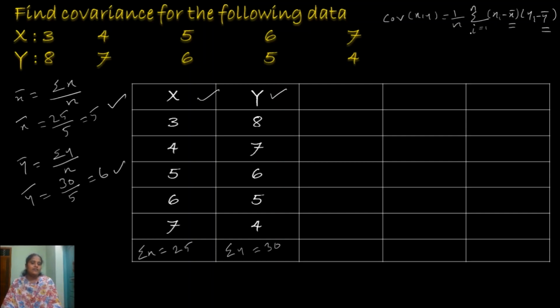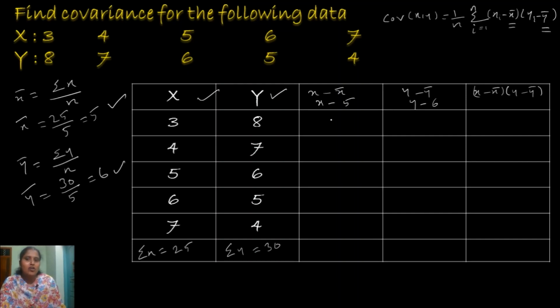So now let me calculate x minus x bar first, and then y minus y bar, and then let me take a product of these two. Here the value of x bar is 5, and the y bar value is 6.